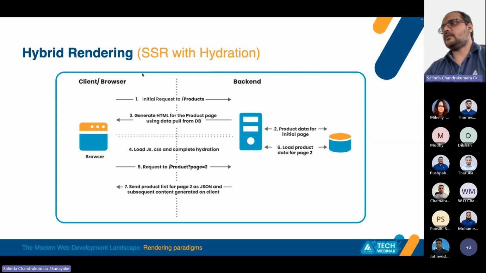So the way it works, when the client browser requests a page, the backend server generates the initial HTML. This is available in MPA, but in SPA we didn't have a server. We simply served a simple HTML file. But with hybrid rendering, we actually generate the HTML similar to MPA and send it to the browser or client.